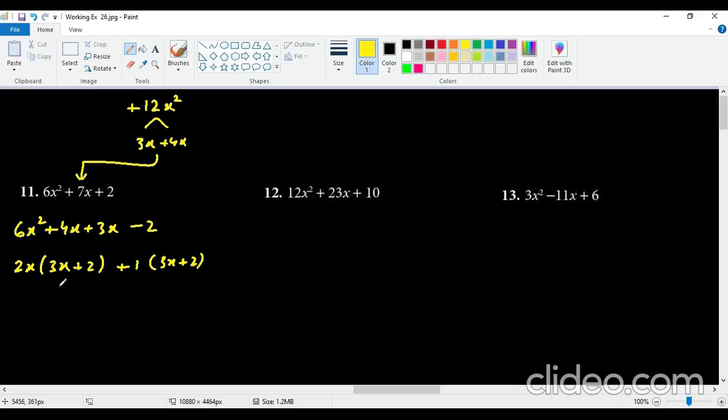So 2x plus 1 is going to be in one bracket, and 3x plus 2 is going to be another bracket, and this is going to be the answer for question number 11.